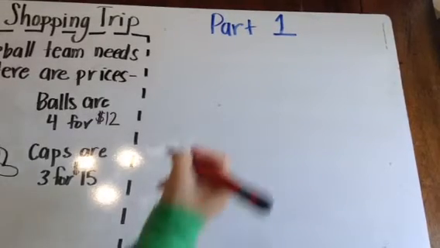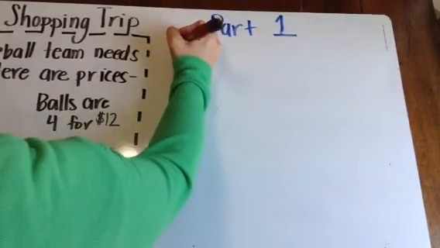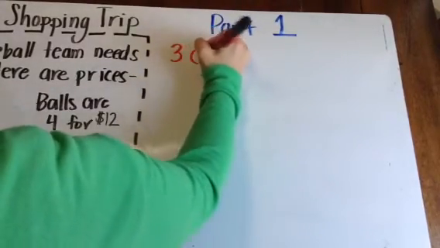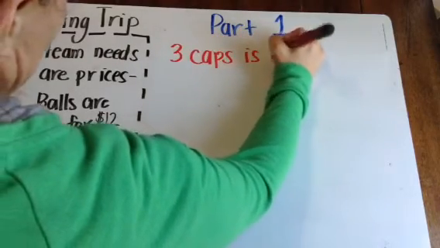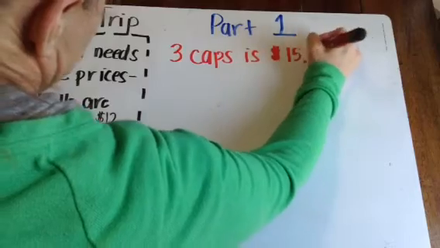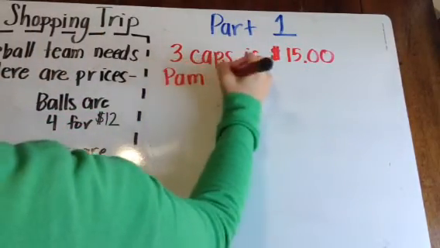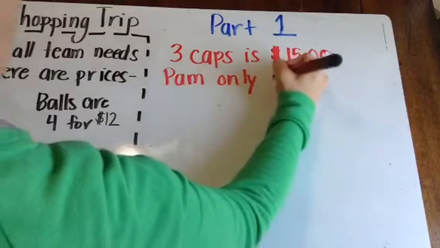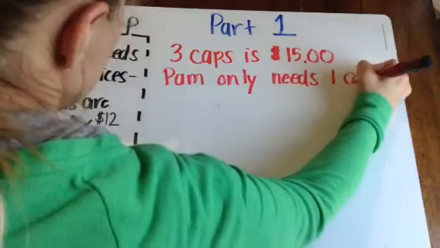I know that Pam needs to buy some caps. She needs to buy 1 cap. So if it says 3 caps is $15, Pam only needs 1 cap.